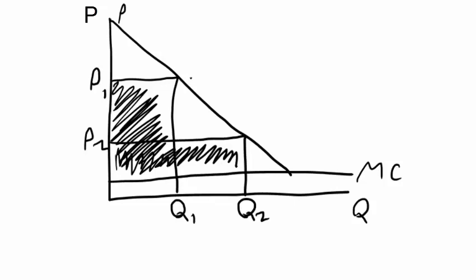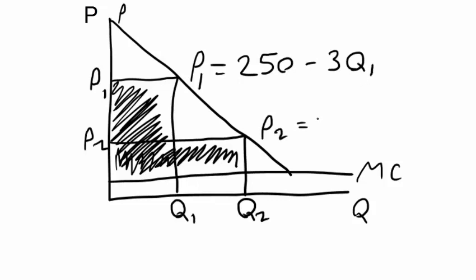We could also represent P1 and P2 using our original price function. So we would have P1 equals 250 minus 3Q1, and we would have P2 equals 250 minus 3Q2.